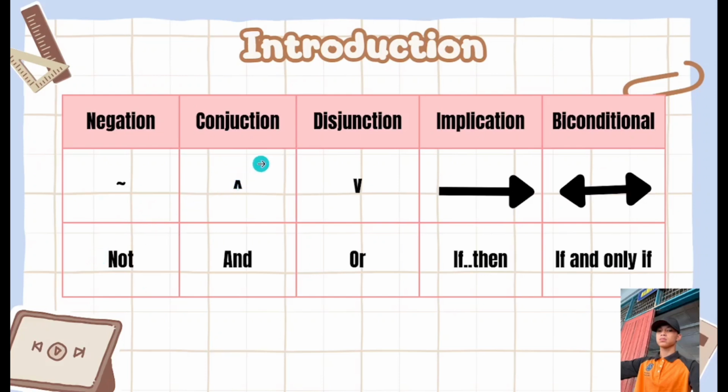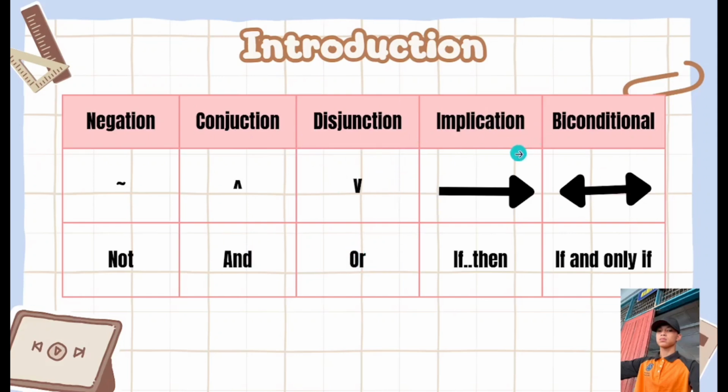And then the second one is conjunction, and we use this symbol, and we use it as and. The third one is disjunction. This symbol implies or.